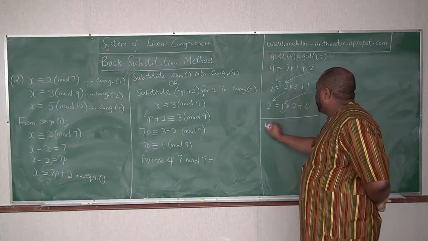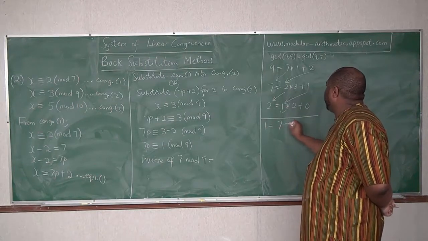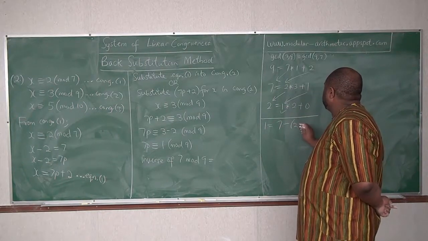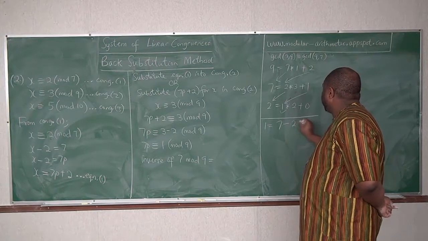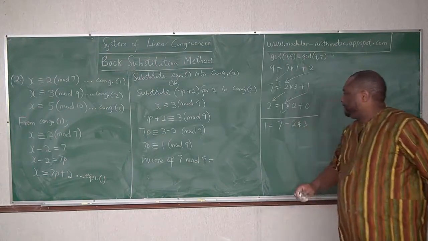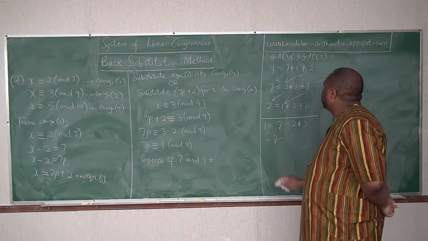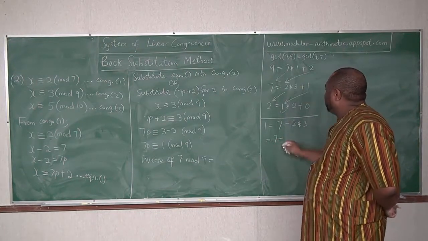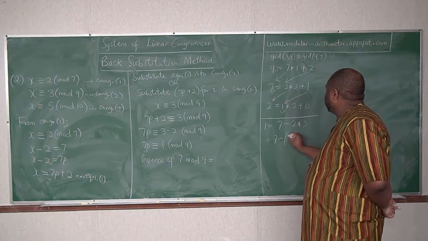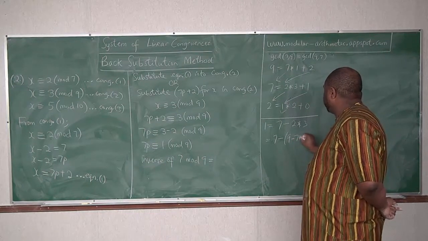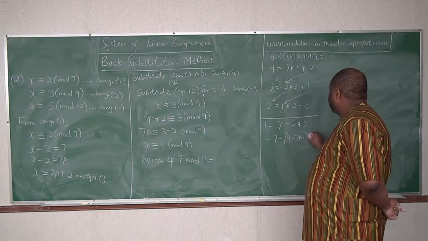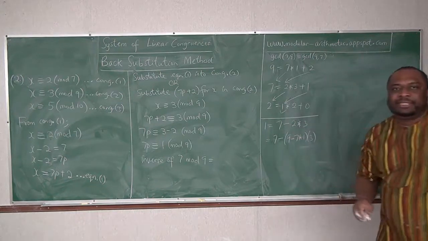So from here, 1 is 7 minus 2 times 3. And this will be 7 minus, with parentheses for the 2, 9 minus 7 times 1, times this 3.